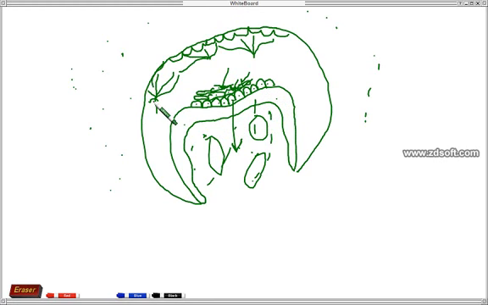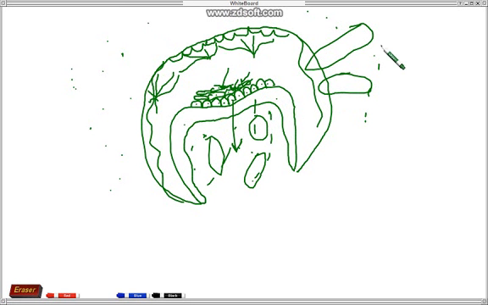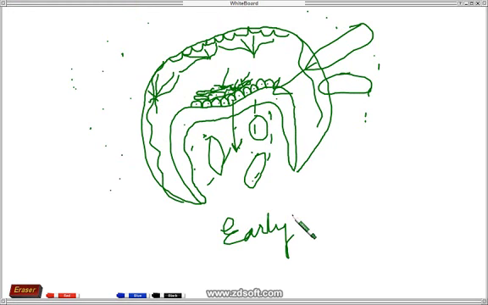Later on, the external enamel epithelium collapses, and the adjacent dental follicle cells, which have the capillaries, invaginate and make contact with it, and they derive nutrition from these capillaries, which are actually from the dental follicle area. This happens in your advanced bell stage, that is the later part. So this is what we have discussed in the early bell stage.